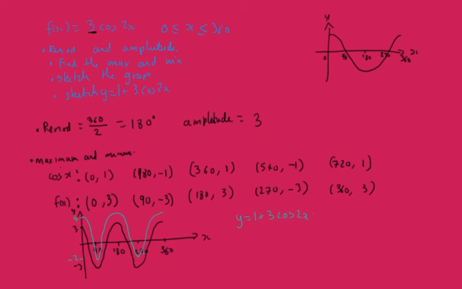And we'll do one last example. Change that to black. So on the same grid, map y equals sine 2x and y equals 1 plus 3 cosine 2x for 0 less than or equal to x less than or equal to 360.